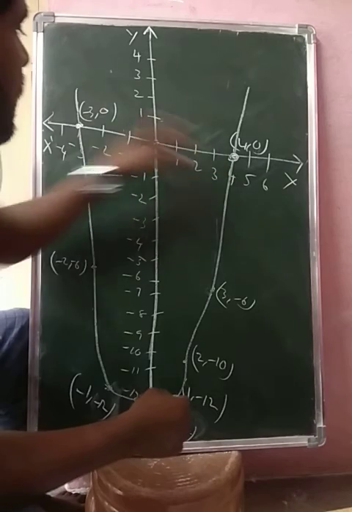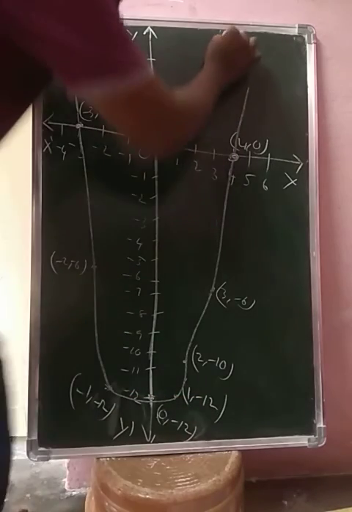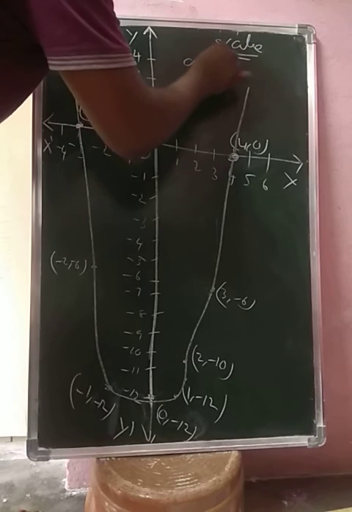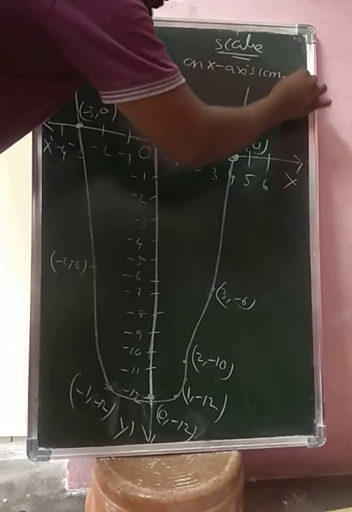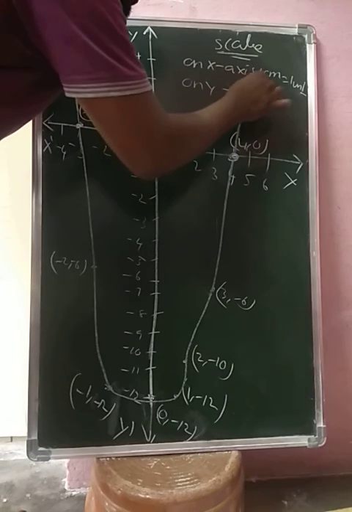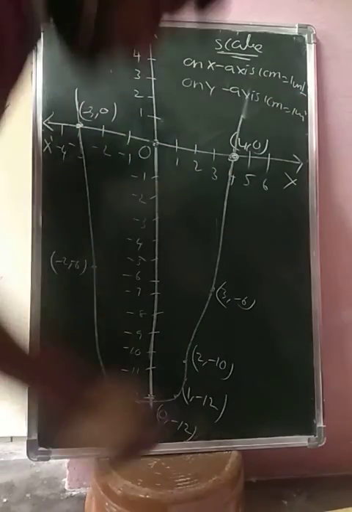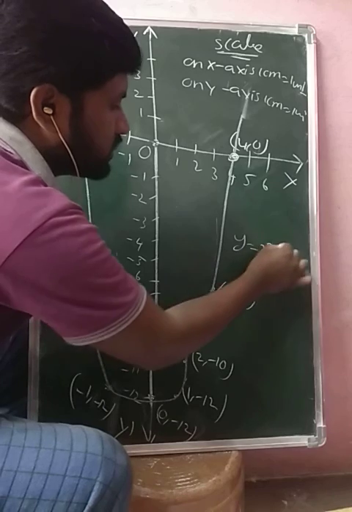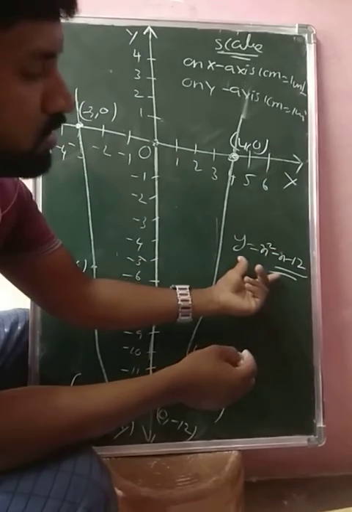So these two are the zeros of the polynomial. The scale I took: on the x-axis, 1 centimeter is equals to 1 unit. On the y-axis also, 1 centimeter is equals to 1 unit only. So this is y is equals to x square minus x minus 12. This is the graph of the particular polynomial.